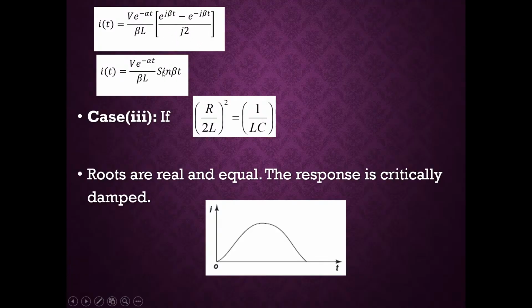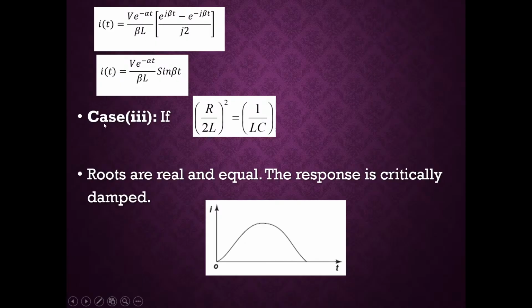This can be replaced by sine beta t. So I of t is equal to v e to the power of minus alpha t by beta l into sine beta t. These are all the formulas which I think I have shown you earlier in the morning session.